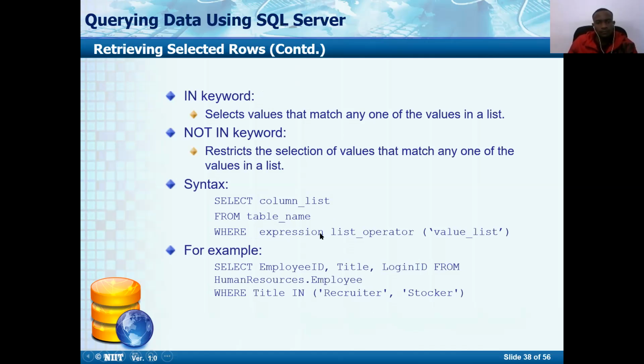The other range operator is the IN keyword. The IN keyword selects values that match any of the values in a list. The NOT IN keyword will restrict the selection of values that match any of the values in a list.